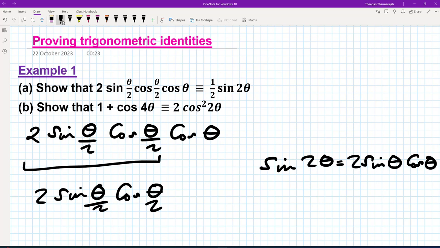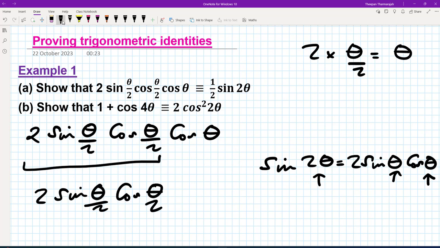So whatever is this theta, this is double of it. So notice I've got theta over 2, theta over 2. If I do 2 times theta over 2, that's simply going to give me theta.